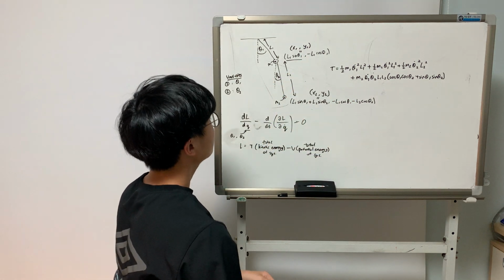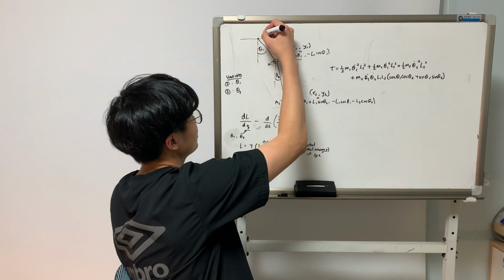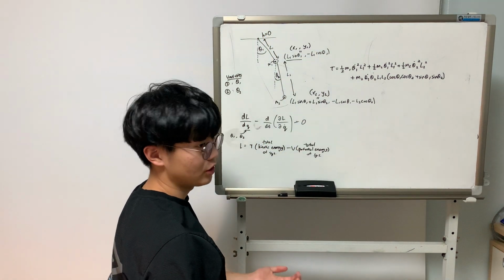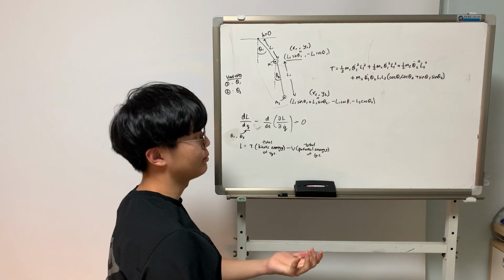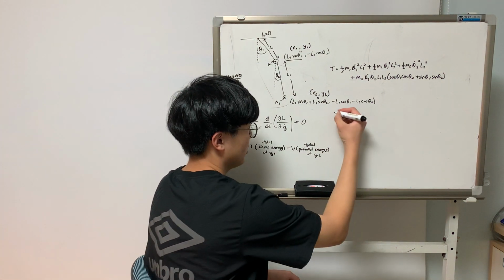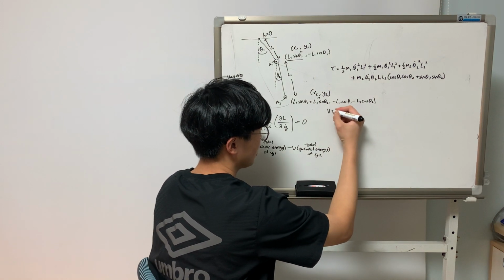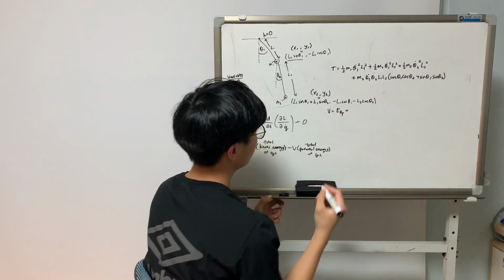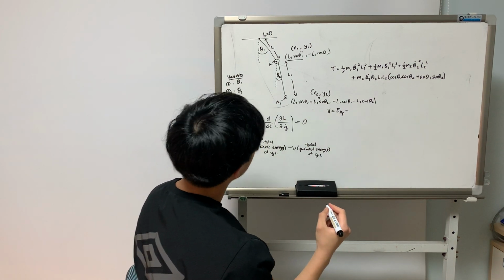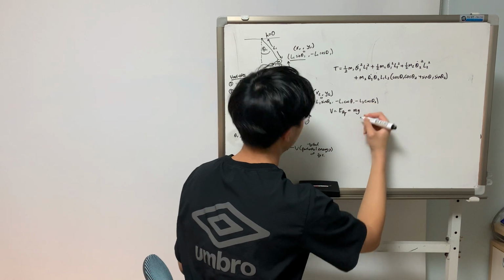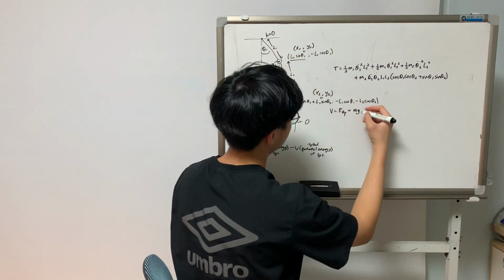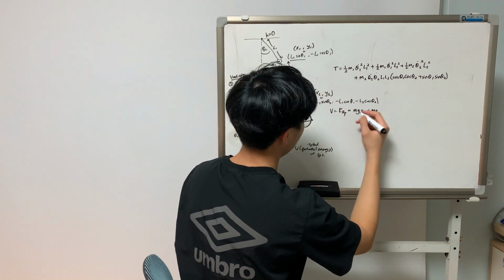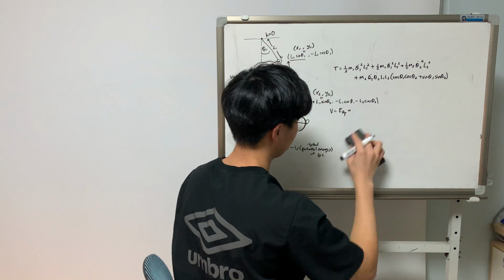And by setting this part as the origin, so here height is equal to 0, we're going to apply basically mgh, EP is equal to mgh. All right, so we know that V, which is equal to the total EP, is equal to mg times y1 plus mg times y2.